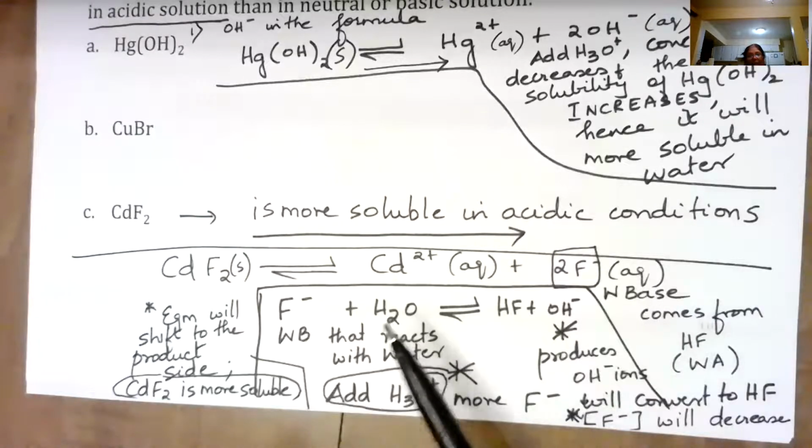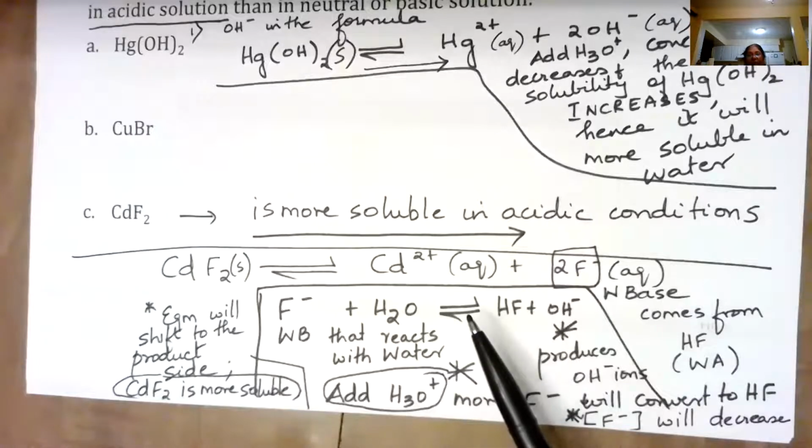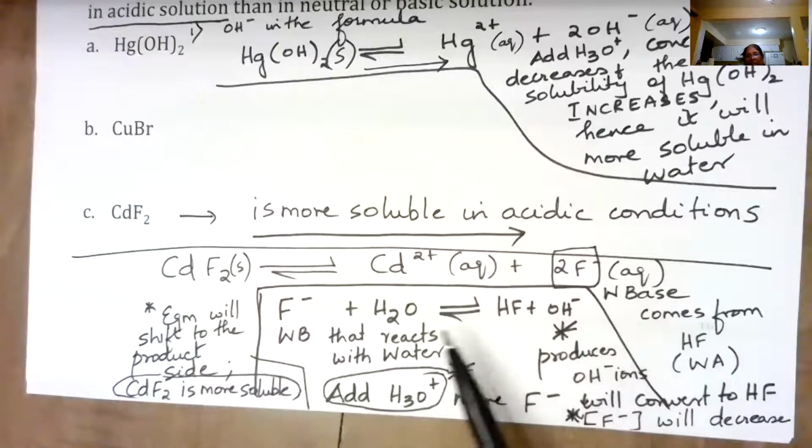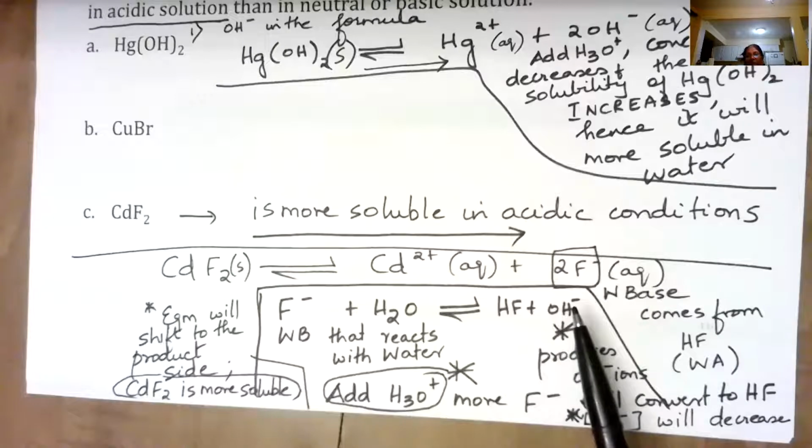Same reasoning, it'll produce HF and free OH minus ions. So anytime you make OH minus ions, the H3O plus can come and neutralize them, and therefore this concentration decreases. You'll have more of the F minus going to form the OH minus ions.